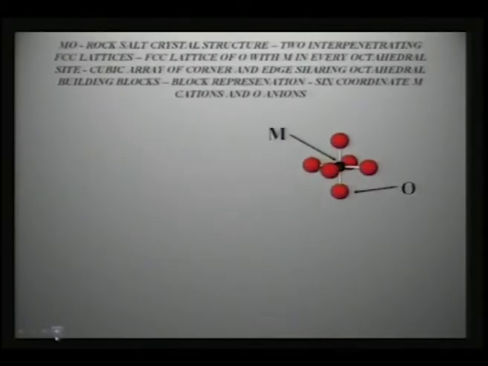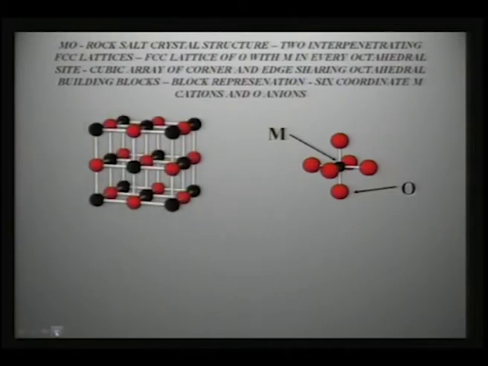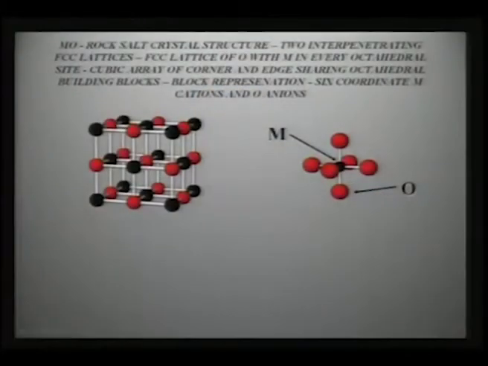If you take for example rock salts, this is the famous NaCl structure, the MO rock salt crystal structure. This looks simple, but actually this is two interpenetrating FCC lattices, an FCC lattice of oxygen with M in every octahedral site, and therefore they form a cubic array of corner and edge sharing octahedral building blocks.